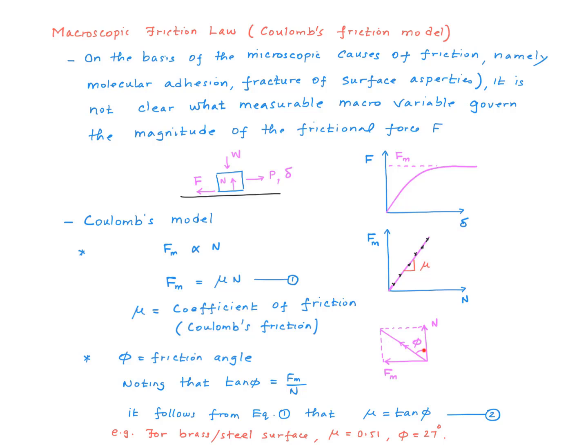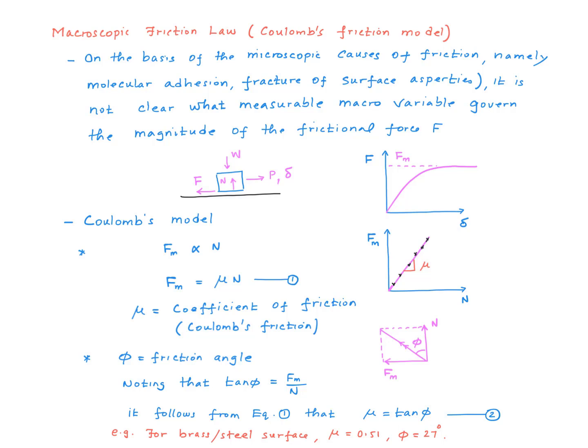And this angle here, phi, is what is called the friction angle. The tan of the friction angle is basically this divided by this, but this is equal to Fm, right? And therefore tan phi equals Fm over N. But from this equation, what is Fm over N? Fm over N is mu, right? And therefore mu equals tan phi. So once again, mu is called the coefficient of friction, phi is called the friction angle.